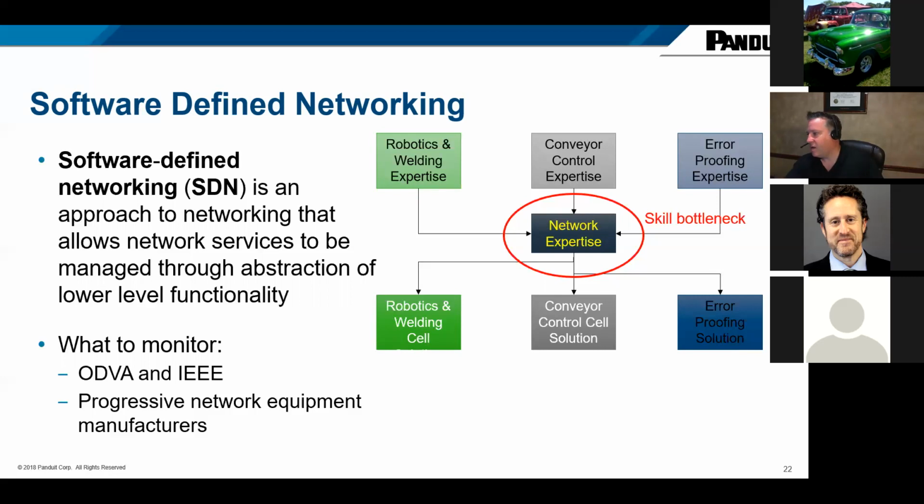So let's say you have like the robotic welding expertise, and you talk to that robot engineer, and he says, well, I'd really love it if the network could do this when this happens, right? And you can start to program that into the software-defined network. Another thing it does is it actually lets you do some white boxing because you can actually use some of the same equipment over and over within the facility.